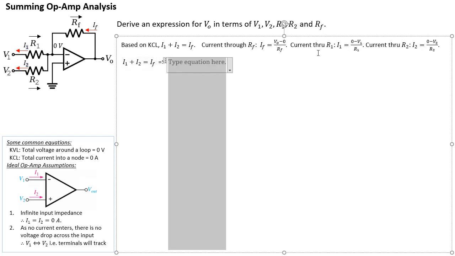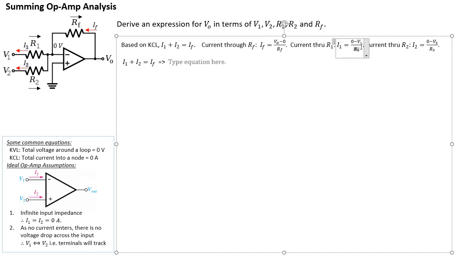I1 is just this, so I'm going to copy that. That's I1 plus I2, well, I2 is just this, is going to be equal to IF. And IF is just this. All right, so that's the expression that we have. So now we just need to simplify it.